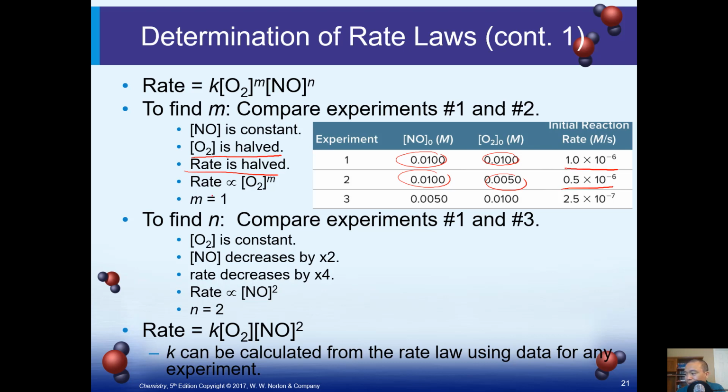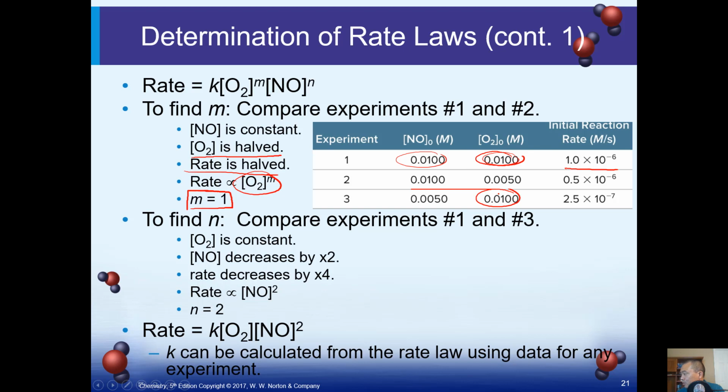So for this reason, the rate is directly proportional to O2 raised to M. And here, the rate changes as many times as the oxygen changes. So M is 1.